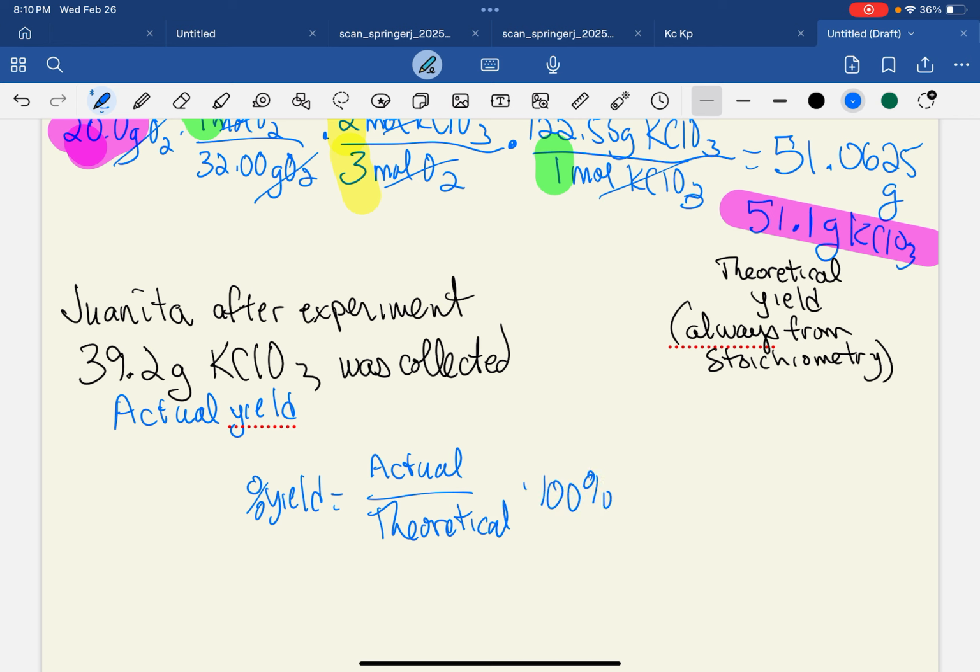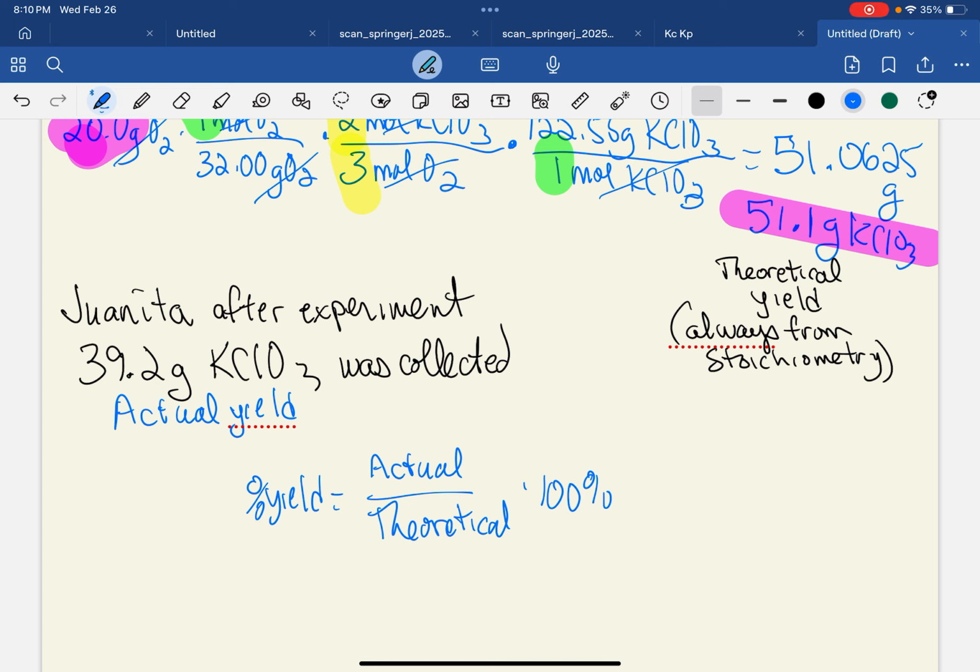You would hope that the actual would always be a smaller number than the theoretical. If it's not, you've done something wrong. You've either calculated your theoretical wrong, or you've measured your actual incorrectly with the scale, or you've got some junk in there that's not supposed to be in there. So actual should be smaller than theoretical.